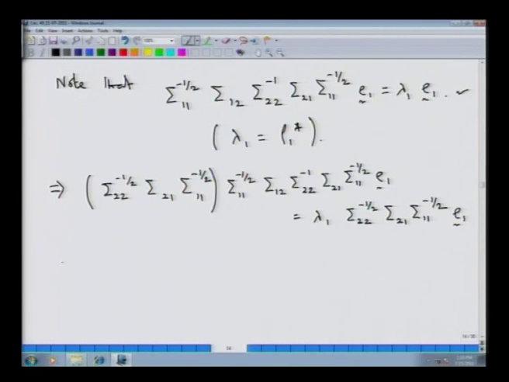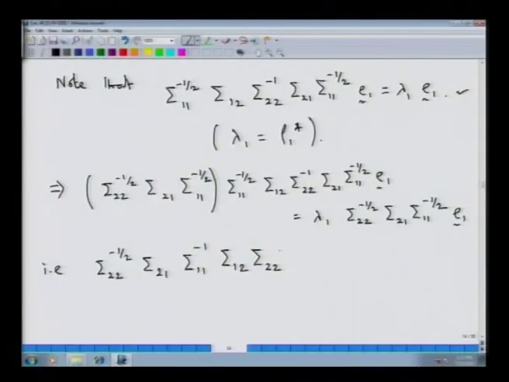Now, let us look at the left hand side here. This sigma 22 to the power minus half, sigma 21 and this expression is sigma 11 to the power minus 1. We take the next term also, sigma 12, and split this particular term in terms of sigma 22 to the power minus half and another sigma 22 to the power minus half. So, let us write this as sigma 22 to the power minus half times whatever is left.